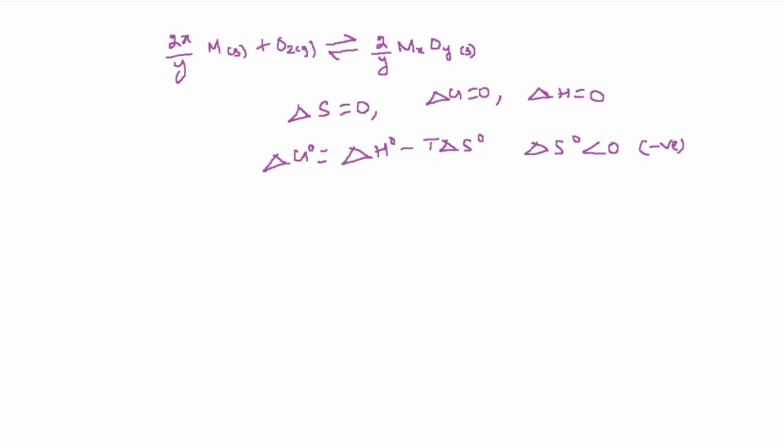When delta S naught is negative, negative of negative will be positive. So the slope for the line drawn between delta G naught and T will be positive. So this plot will be a straight line of positive slope. The reason is delta S naught here has a negative sign.